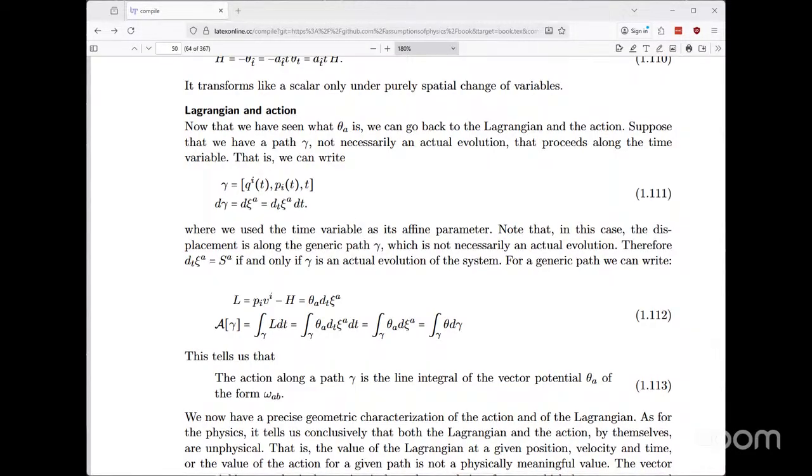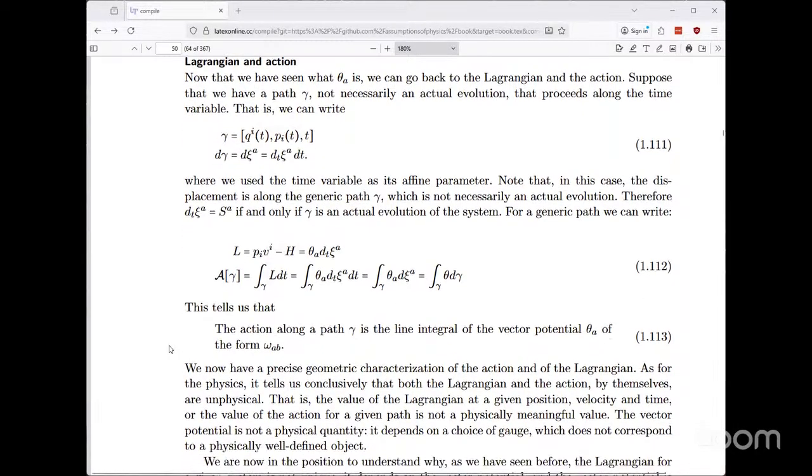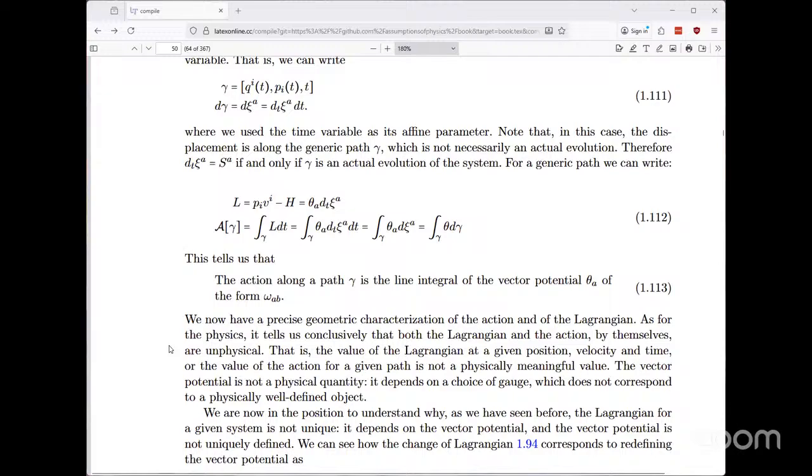Note that in this case, the displacement is along the generic path gamma, which is not necessarily an actual evolution. Therefore, dt psi a is equal to the displacement a if and only if gamma is an actual evolution of the system. For a generic path, we can write the Lagrangian as the Legendre transform of the Hamiltonian, and that gives you theta a dt psi a.